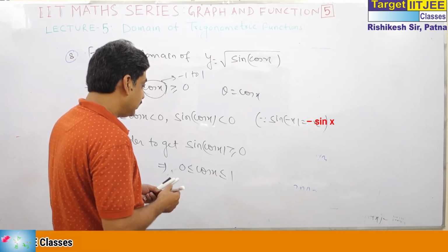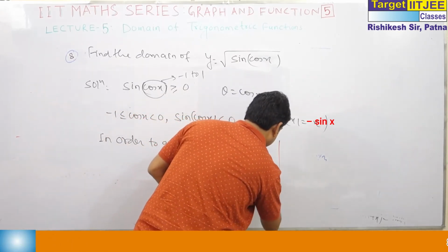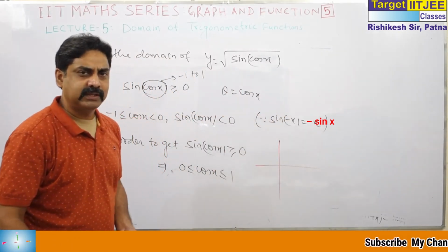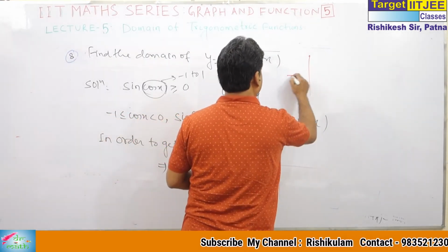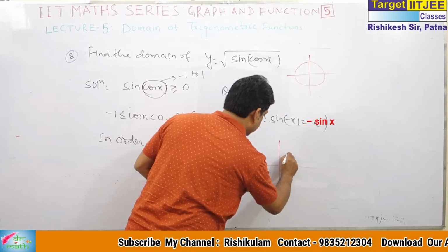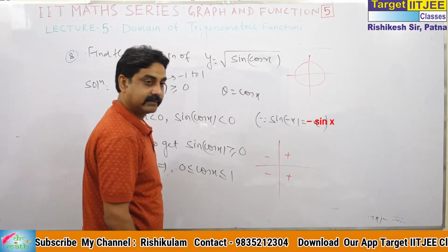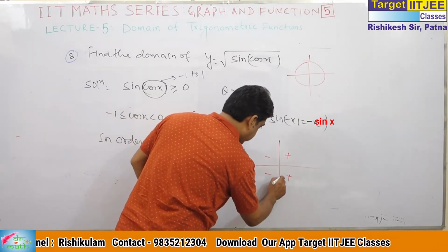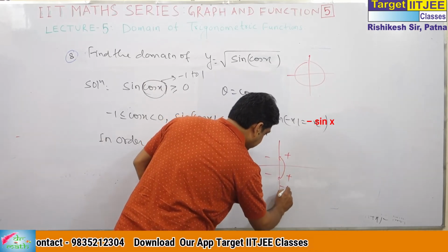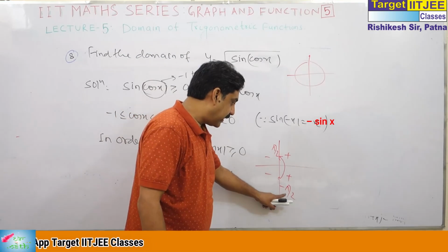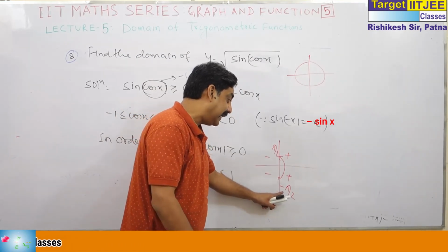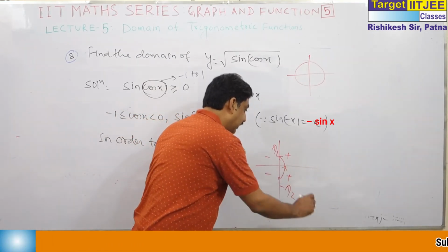When we have to take sin x or cos x positive or negative, now we will not go for the graph. We just want the quadrant rule. Cos is positive in this and this quadrant, from here to here. This is minus pi by 2. This is pi by 2. You can say 3 pi by 2 and pi by 2, but we have to go in anti-clockwise direction from lesser value to greater value.